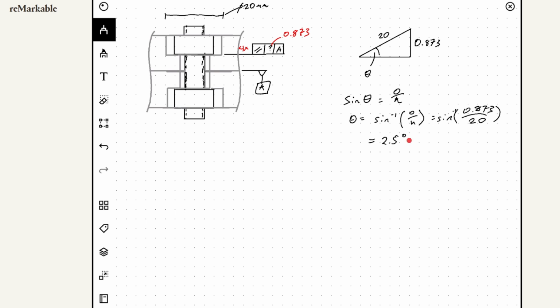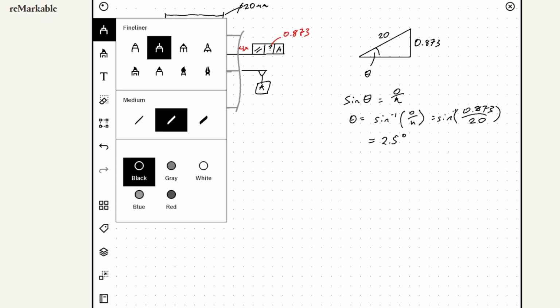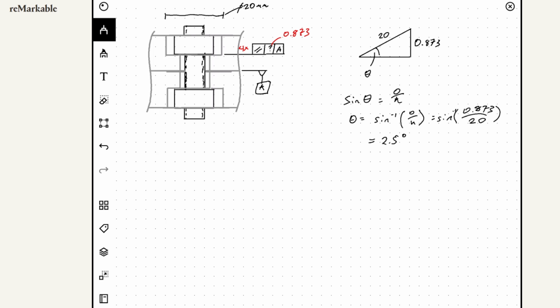And that's per plate. So the total potential angular misalignment in this system is 5 degrees.